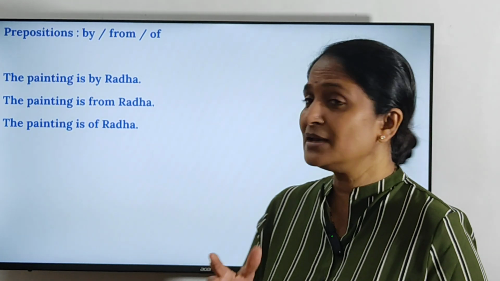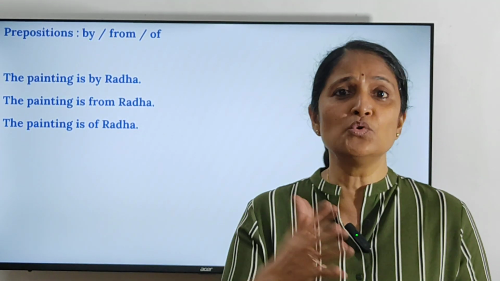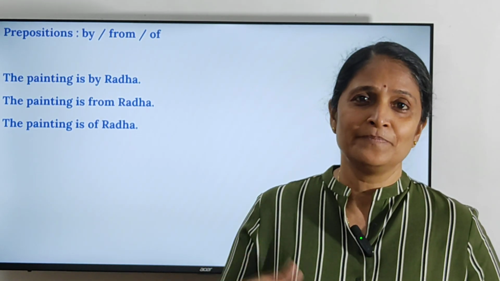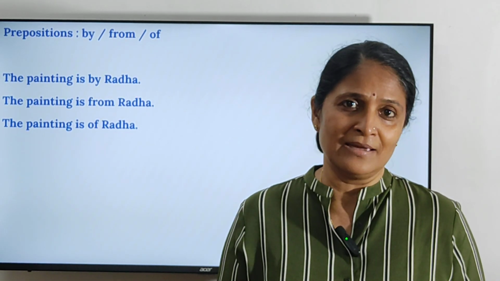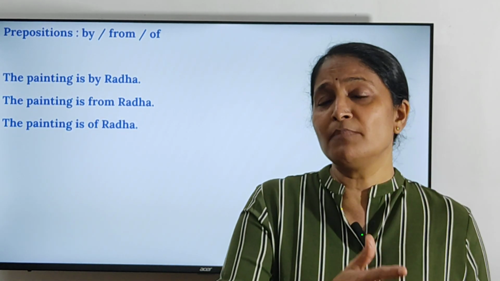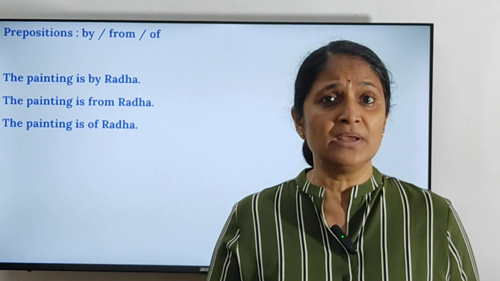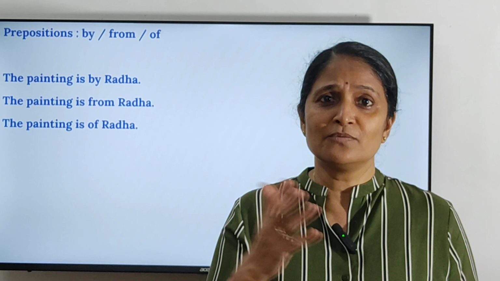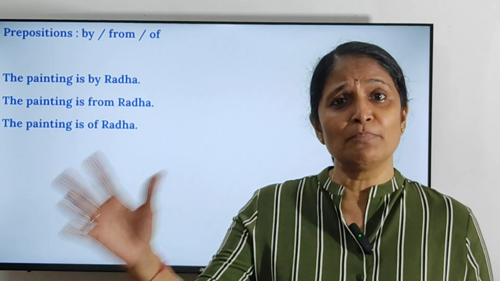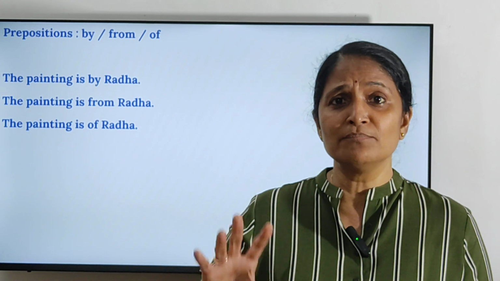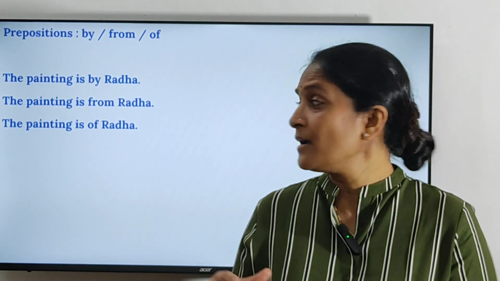Understood? When I say these new apartments are by Lodha, मतलब they designed this apartment, right? उन्होंने design किया है. When I say these apartments are from the company to their employees, the apartments are given to the employees by the company, right? From the company.